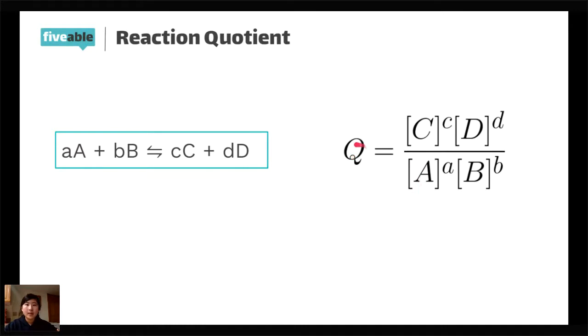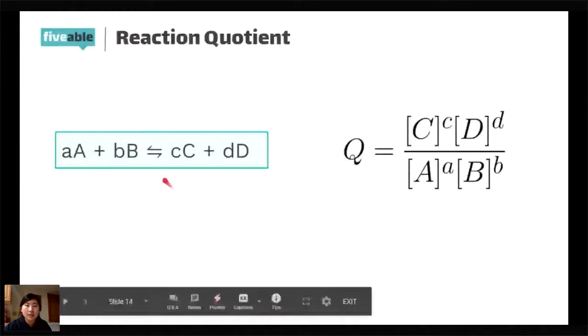Is this value close to K? Is this value close to the golden standard equilibrium constant? If it is equal to K, then we know that we have reached equilibrium for this reaction. So this is how we get the value for Q.